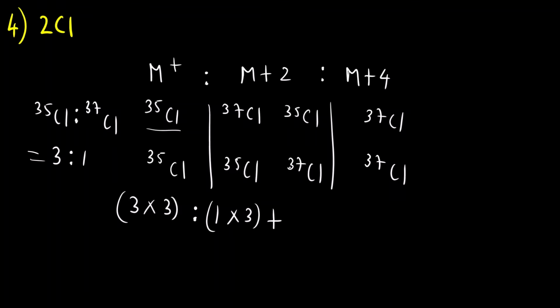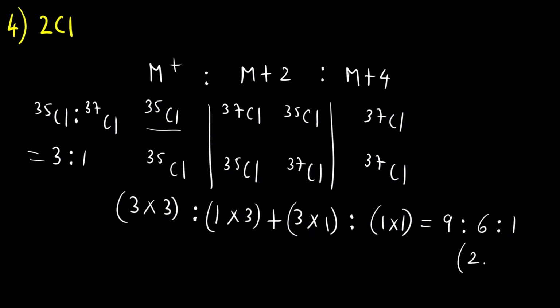Plus, for the other possibility, you add 35 Cl is 3, 37 Cl is 1. Then 37 Cl is 1, so 1 into 1. So 3 3s are 9, 3 1s are 3, 3 plus 3 is 6, and 1 into 1 is 1. So the ratio is 9:6:1. This is when there are 2 chlorine atoms present.